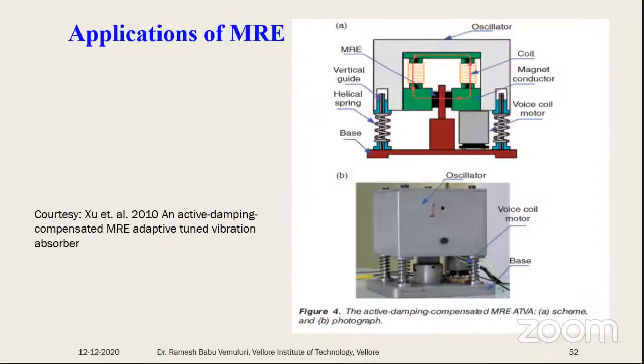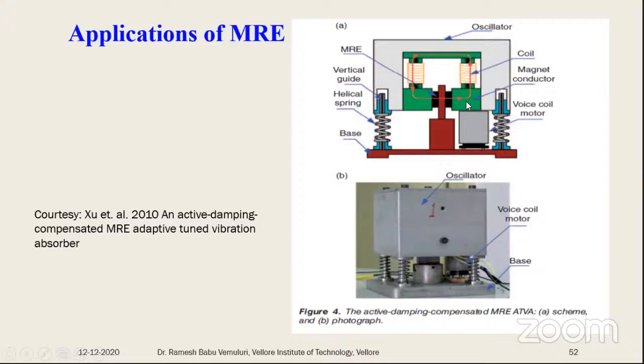This is an application of magnetorheological elastomers. Here is the active damping compensated MRE. These are the adaptive tuned vibration absorbers. This is a schematic representation, and this is a photograph of the active tuned vibration absorber.